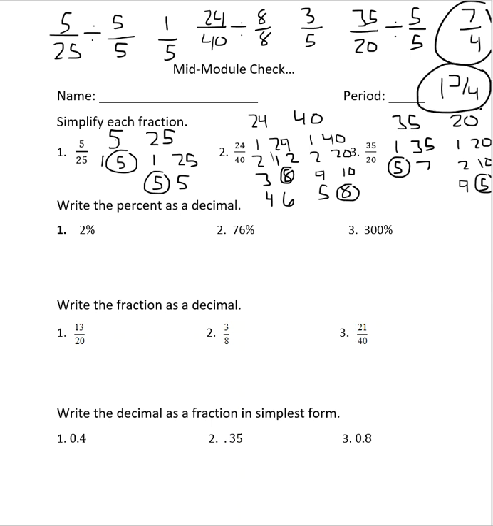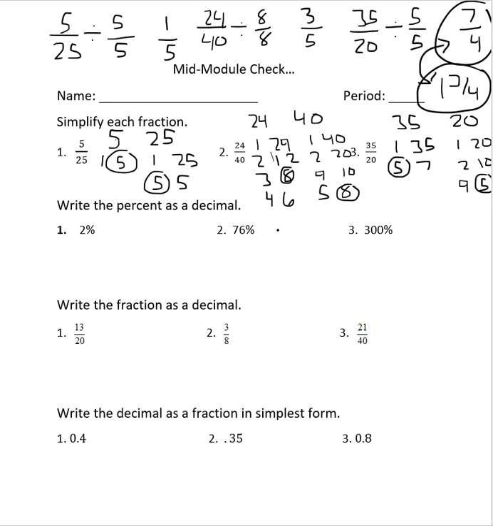Okay, so 1 3/4 is the mixed number version of the improper fraction 7/4. So these two right here are equal to each other. One's just a mixed number and one's an improper fraction.